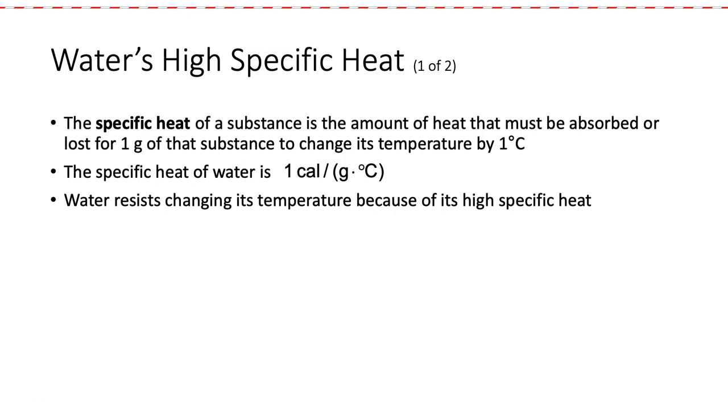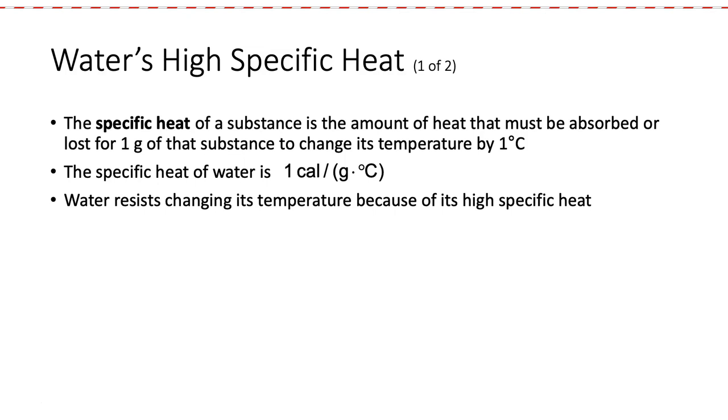Water has a really high specific heat, and specific heat is just the way to say that you have a certain amount of heat that has to be absorbed, or you could talk about the amount of heat that has to be lost for 1 gram of whatever substance you're talking about to change its temperature by 1 degree C. So remember, we just defined water as 1 calorie per 1 gram.